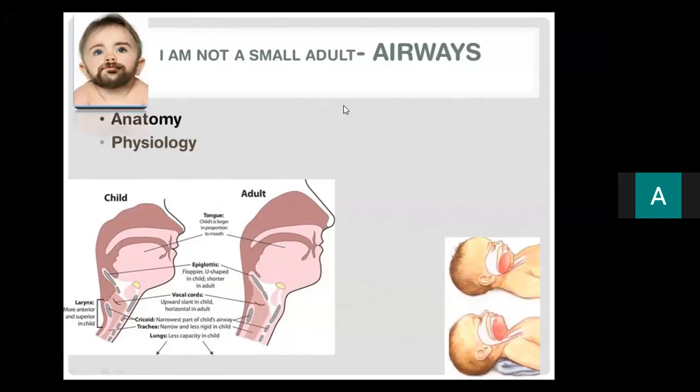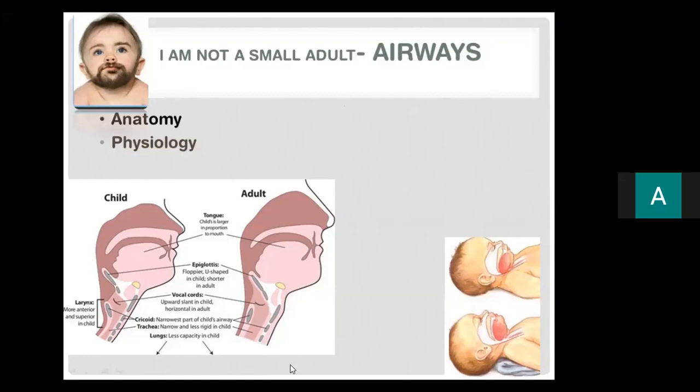So what happens with the epiglottis in pediatrics is that it's U-shaped and longer, and quite floppy. So when you are trying to intubate, you'll have the epiglottis fall in the way. That's why most times people use a straight blade so that they're able to carry the epiglottis along with them to be able to look into the airway.